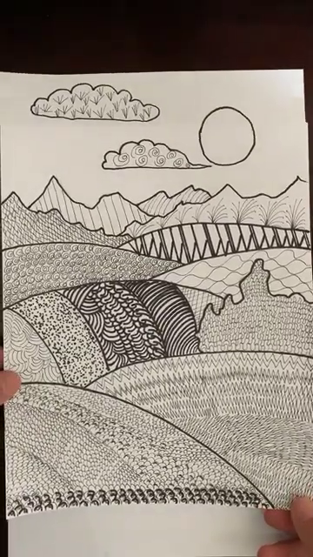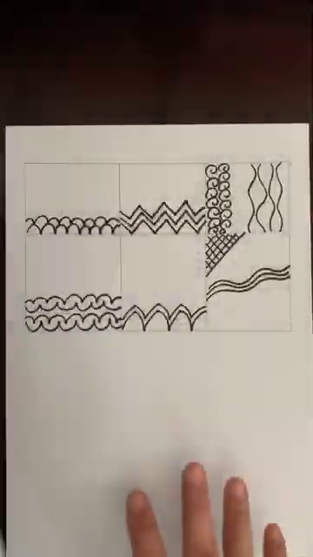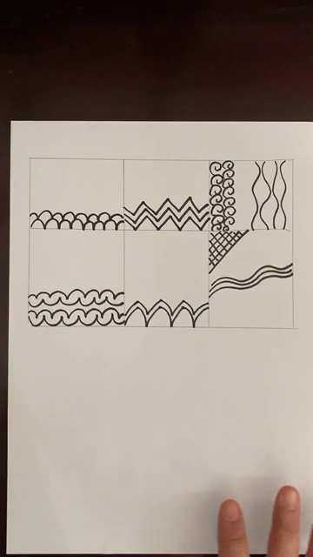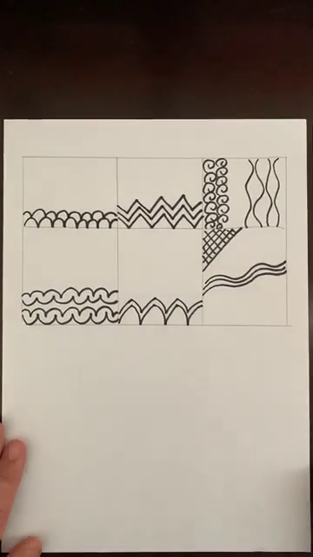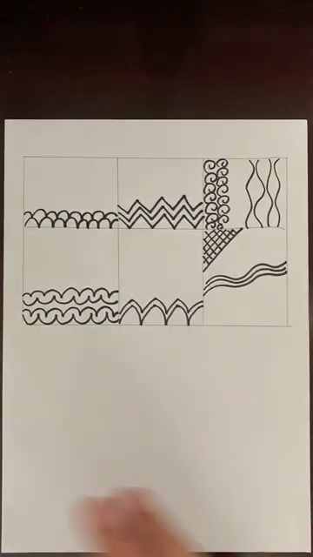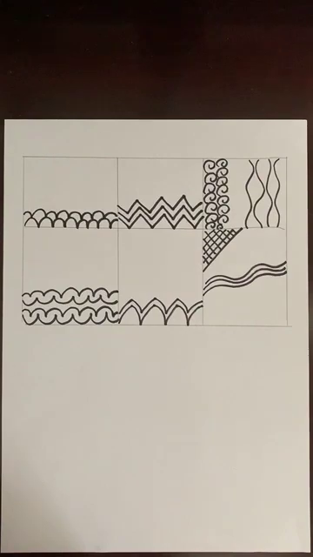And so we need some ideas. This reference paper will help us get some ideas if we're stuck on what we should do. If you have a ruler, that would be good. If you need to go get it, please pause the video.